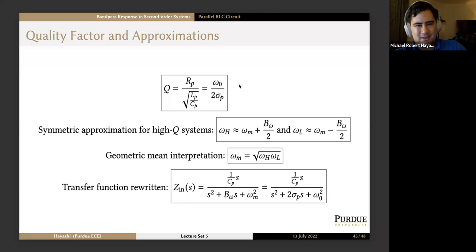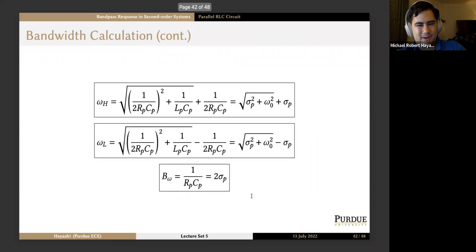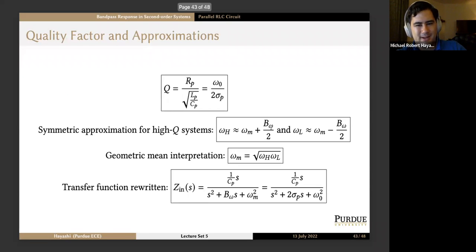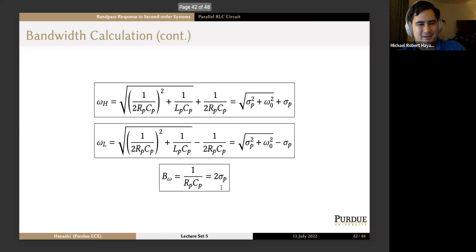You can easily find Q from this if you need to. Finding omega L and omega H requires a little more effort, but if you do the symmetric approximation, if Q is big enough, you basically get everything from the transfer function. You don't need to go through the calculations.